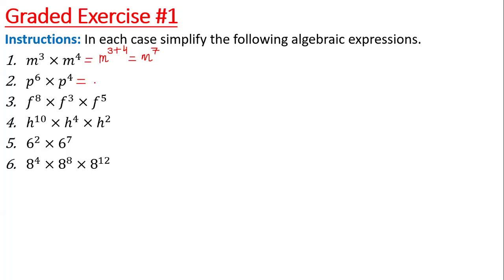Number 2, who's helping me with number 2? Go ahead, Michaela. Because the bases are the same and we're multiplying, we just add 6 plus 4, which is 10. Very good. 6 plus 4 is 10. So we got p to the power of what? 10. Very good.